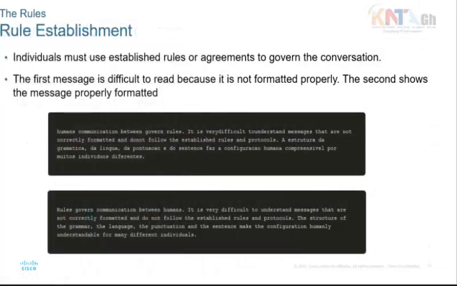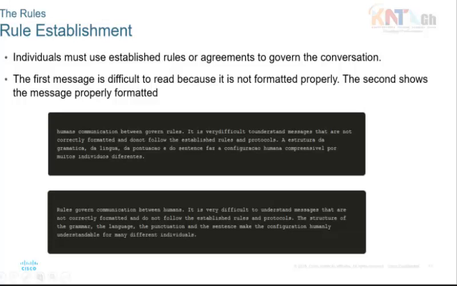Now let's look at rule establishment. Individuals must use established rules or agreements to govern the conversation. The first message, as you see on the screen, is difficult to read because it is not formatted properly. The second shows the message is properly formatted.